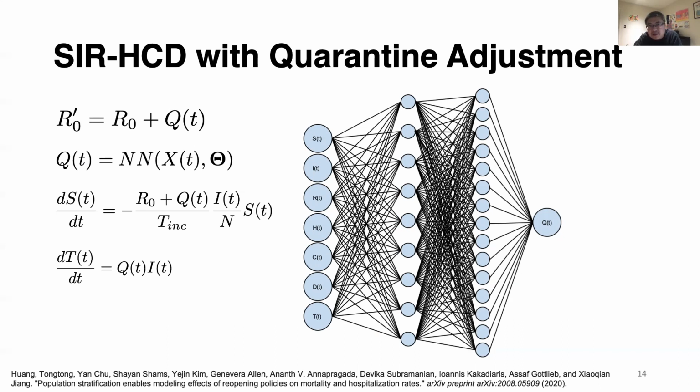QT is designed as an n-layer multi-layer perceptron with the weight vector W and the input vector XT, which is a concatenation of all the sizes of the compartments, including ST, SI, R, HCDT. The original reproduction number R0 at each timestamp T is a constant value.